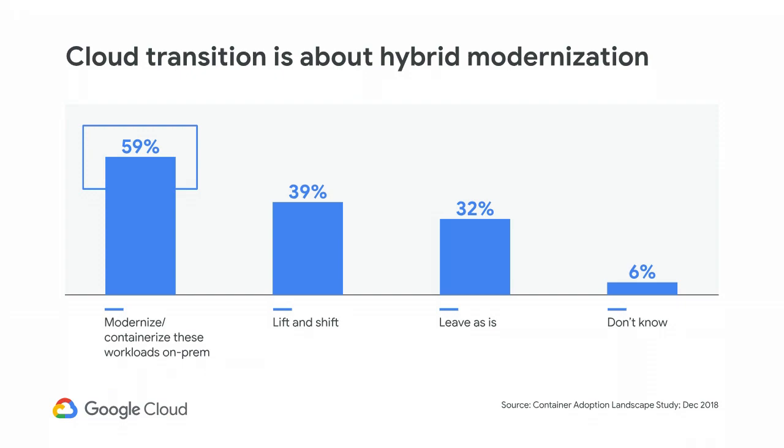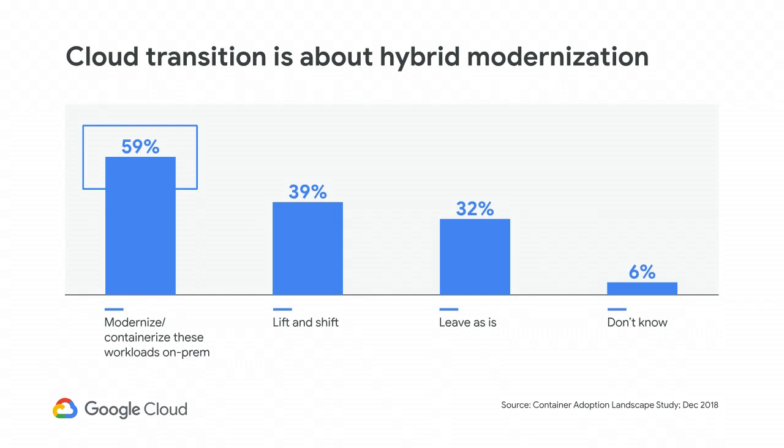A couple more data points. There was a Google survey done for GKE customers. Around 39% are looking for a standard lift and shift of applications. But a larger set of customers, close to 59%, are looking to modernize the applications on-prem and then move to the cloud as and when they become ready, versus just moving to the cloud and using it as infrastructure pieces.